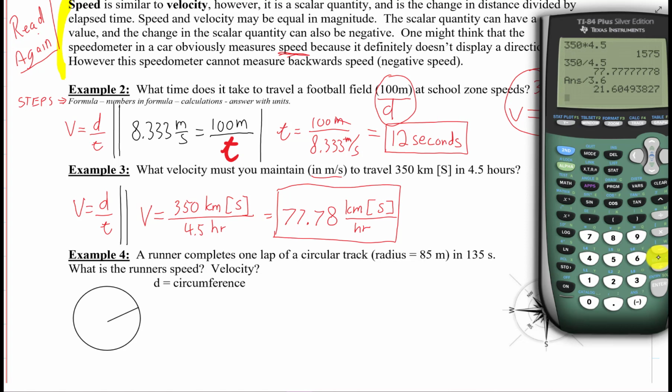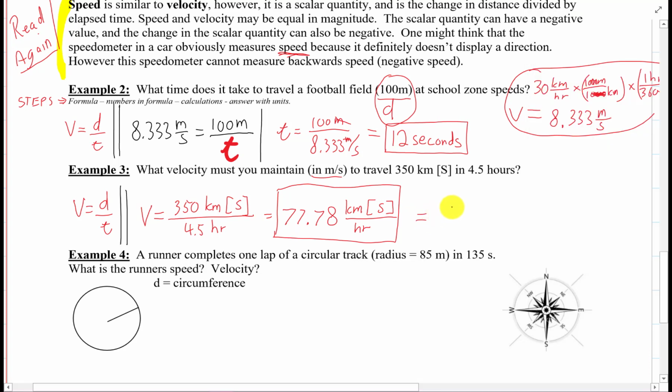And we get 21.6 meters per second. So the actual answer I was looking for is 21.6 meters per second, and we need that direction, south. And that will be our velocity.